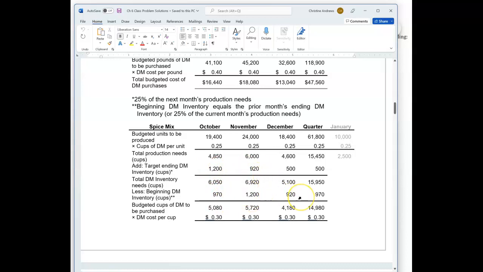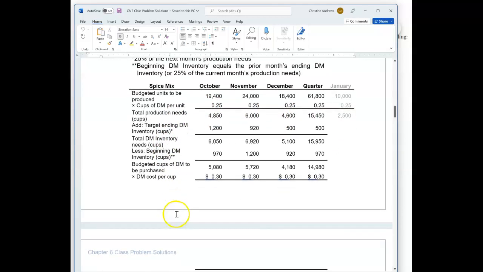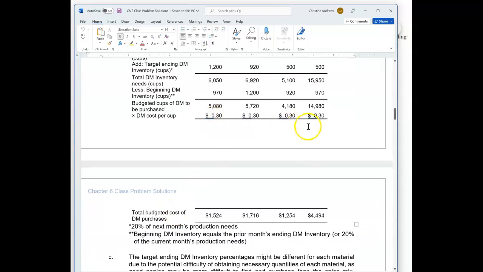Notice again that first we figure out our production needs in cups of spice. Then we add target ending minus the beginning, and finally we multiply that times the direct material cost per cup. And that gives us total cost of direct material purchases.